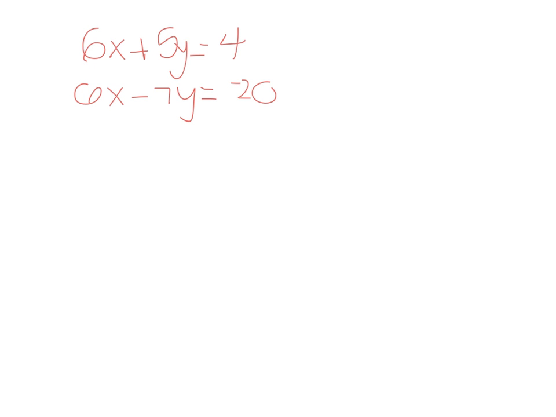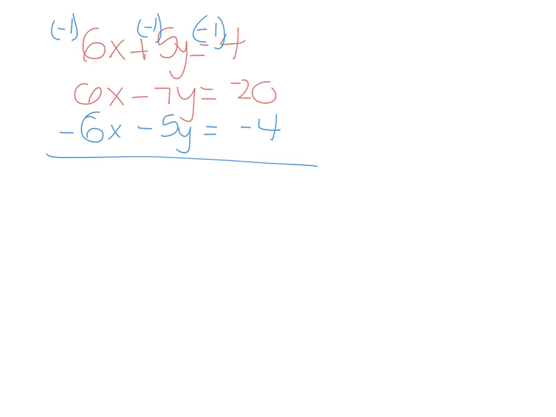Well, I can make that happen by taking the top equation, or either equation, and multiplying everything by negative 1. When I do that, my top equation becomes negative 6x minus 5y equals negative 4. Now I've got the positive 6x and negative 6x, so I can add my equations together.